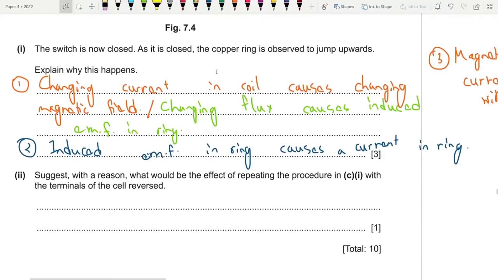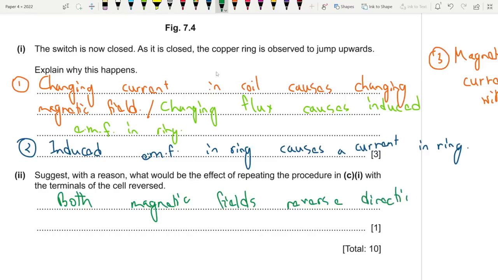The correct answer should be both magnetic fields reverse direction, so ring still jumps up.